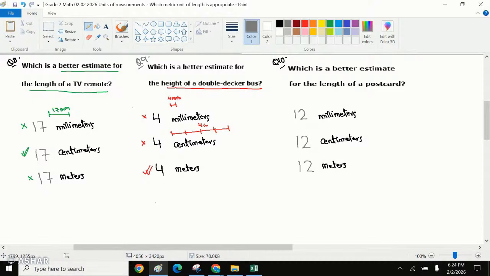So which is a better estimate for the length of a postcard?